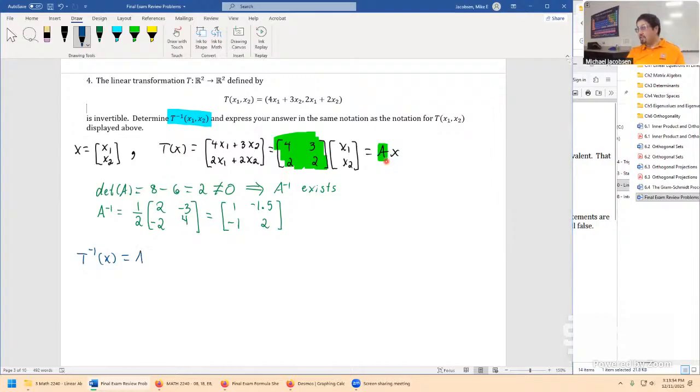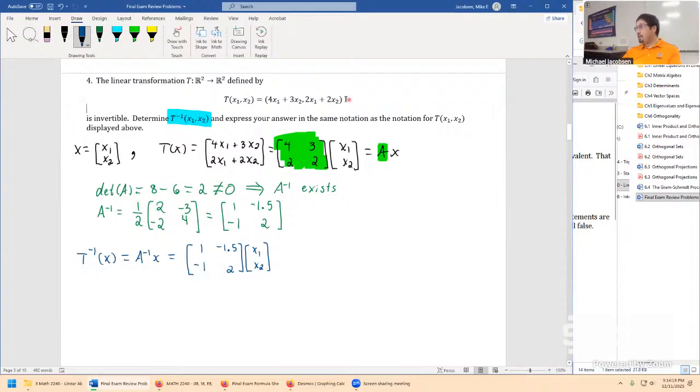It's linear, so it has a standard matrix. And in fact, that standard matrix is A inverse, which is kind of nice. So once we get to here, T inverse of x is just 1, -1, -1.5, 2, times x1, x2. You've got the right inverse mapping.